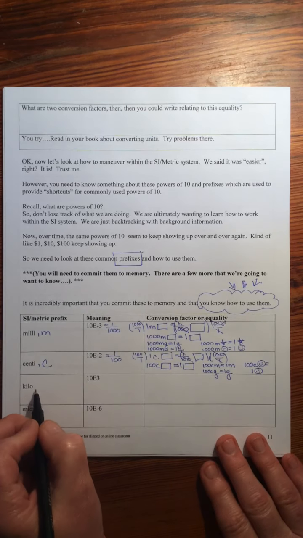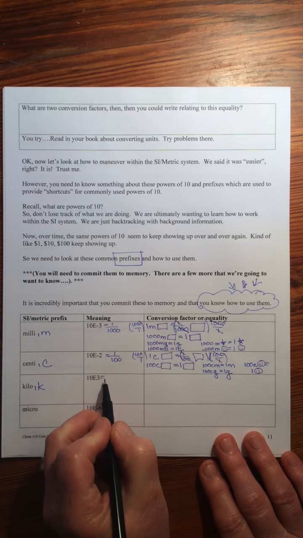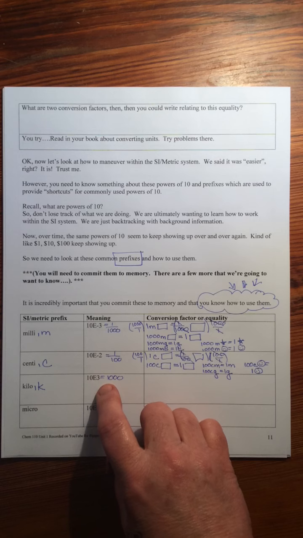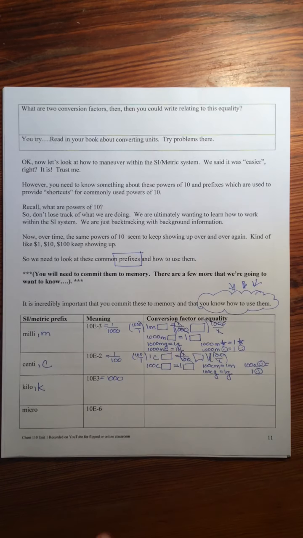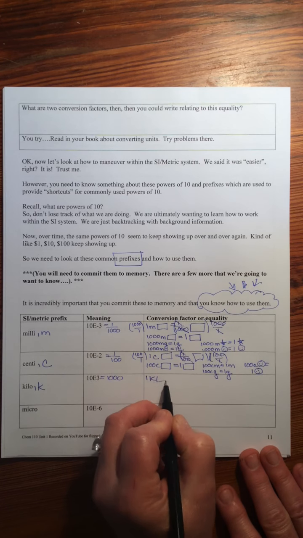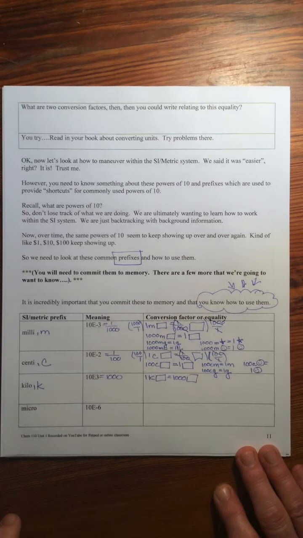All right, kilo, little k, not to be confused with big K, which is Kelvin. Kilo is 1,000 of something. 10e3, 1,000. So a kilo of something is 1,000 of that something. So we don't need to do any math with this at all.